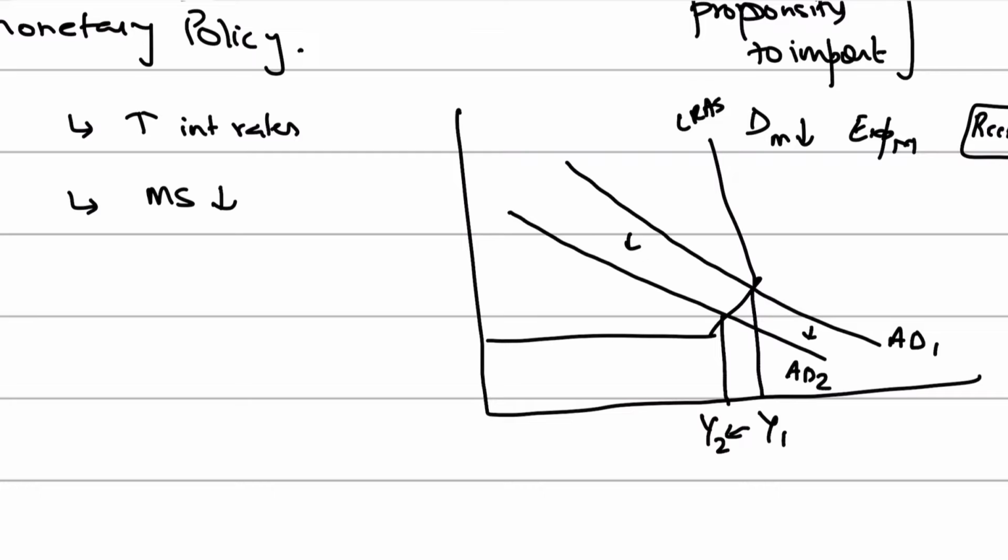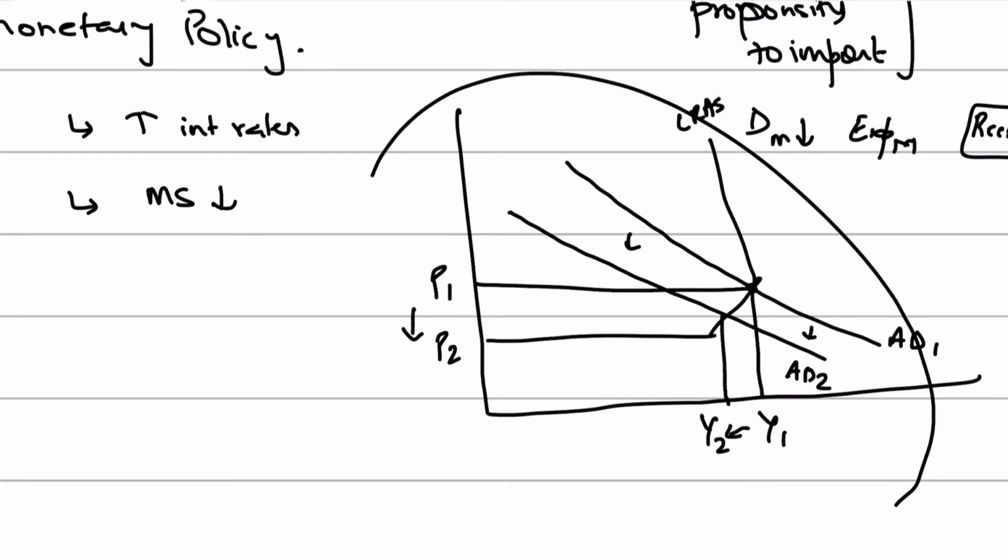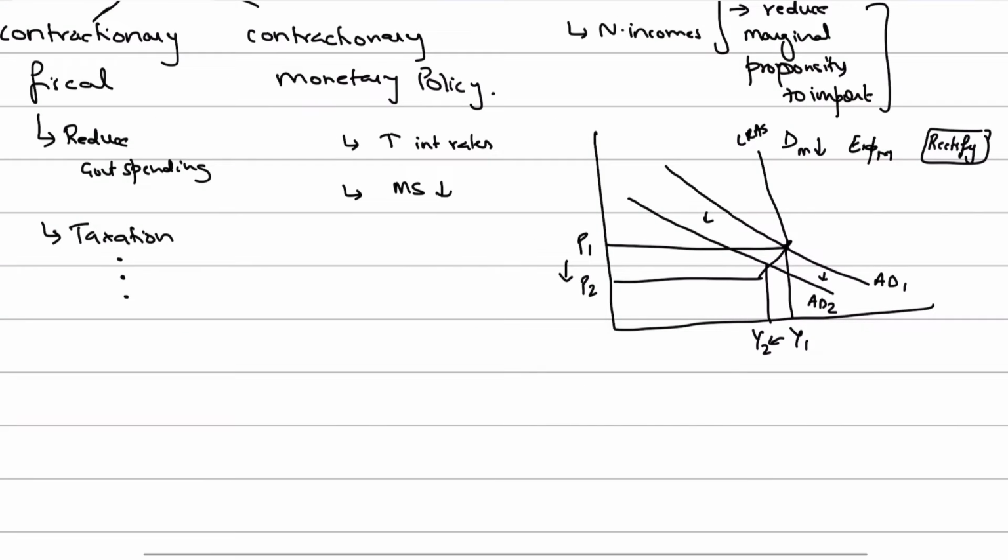You have to explain through diagrams in the exam, guys. You must make sure that you draw appropriate diagrams. It's not only the diagrams that you have to draw, so it's not like you'll just draw a diagram and leave it for the examiner to automatically assess it. You have to explain what the diagram is telling you. So you can go like, the above diagram shows that, or the below diagram shows that. On the x-axis you measure your real GDP, and on the y-axis you measure your price level.